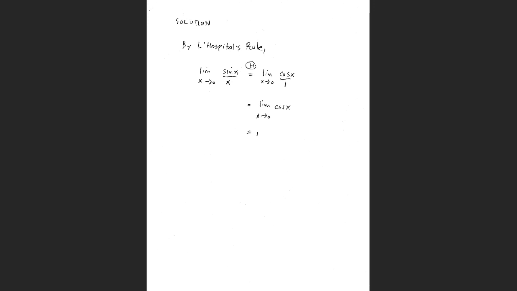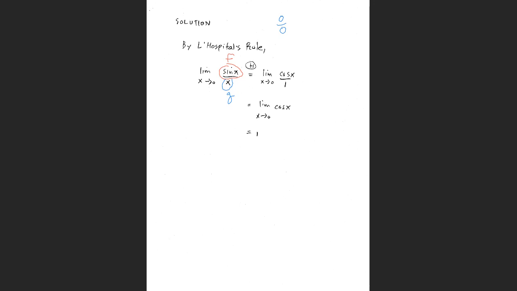The sine of x is our function f, and the x is our function g. Both functions f and g approach 0. So our indeterminate form is 0 over 0. This means we can apply L'Hopital's rule.